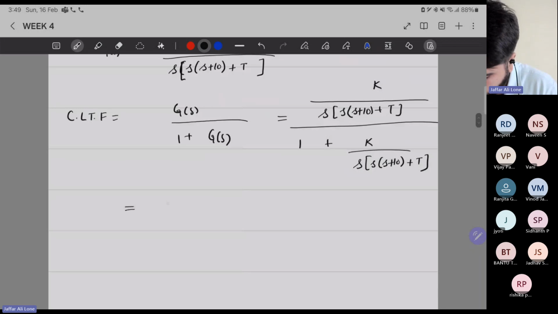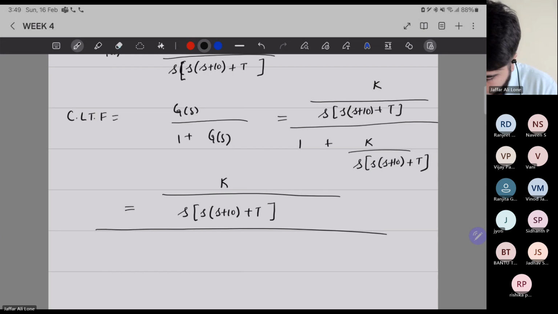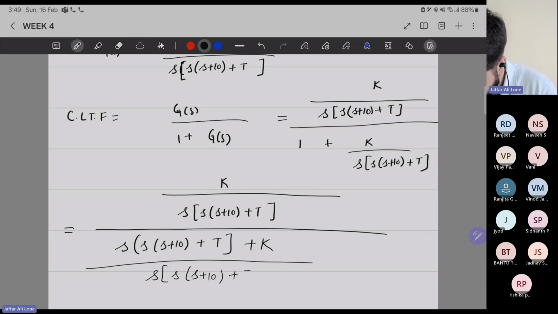The numerator is s(s plus 10 plus t), divided by s(s plus 10 plus t) plus K, all divided by s(s plus 10 plus t).